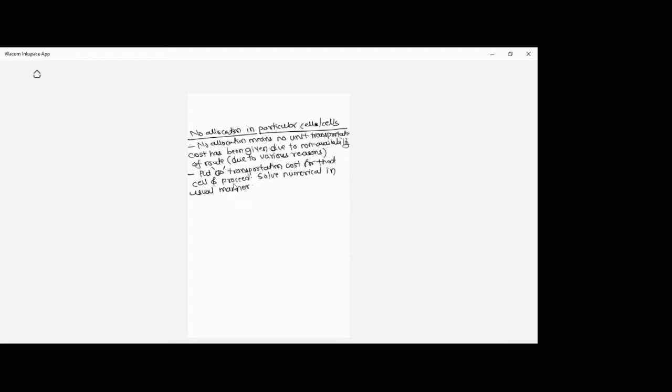Now we have a numerical. We have 4 factories and 5 warehouses, and they have given the transportation cost matrix to us. These are the factories A, B, C, D, and these are the warehouses.